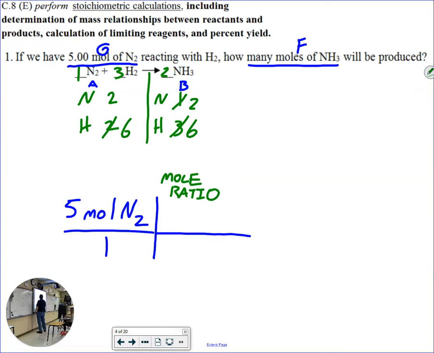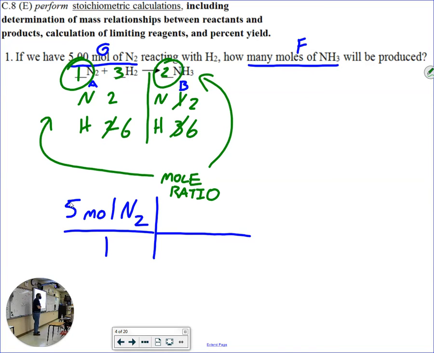And the place I go to find the mole ratio is the balanced equation. I am looking to see what the coefficients are in front of those 2 things. One of those is going to go on the top in the next step, and one is going to go on the bottom in the next step.